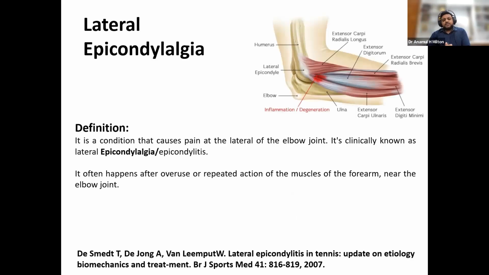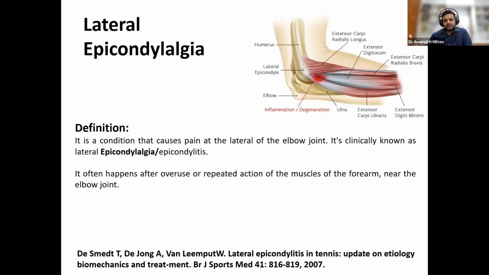So it is the condition that causes pain on the lateral side of the elbow joint. Clinically, it is called lateral epicondylalgia or epicondylitis. Most of the time it occurs due to repeated work. Why does it come as tennis elbow?